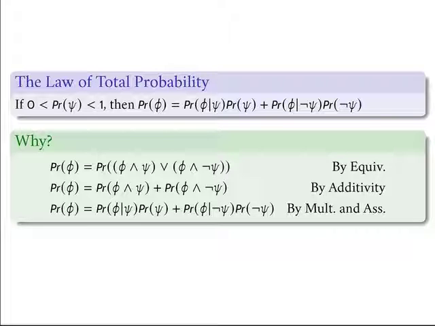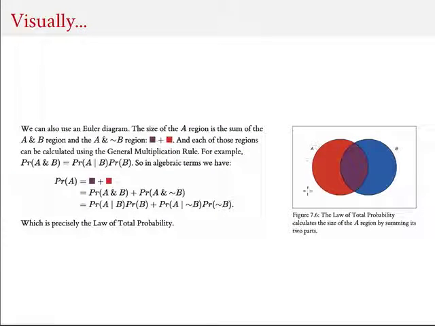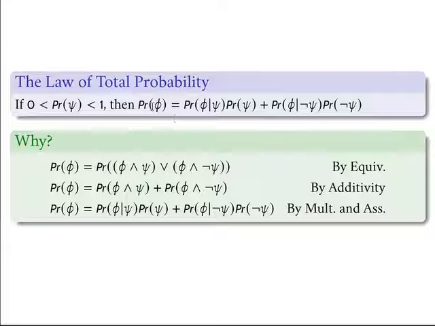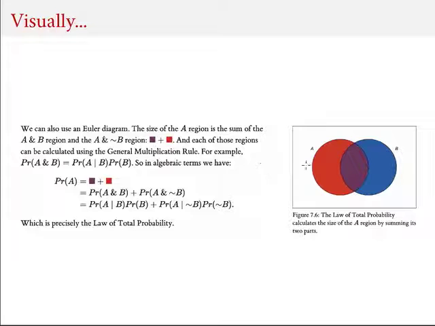So I now conclude this video and the lecture by briefly talking about the visual justification of this law. And this is again from the textbook, where we have a handy diagram. Again, the space that A takes up represents the amount of probability that A has. What's in question here is the unconditional probability of phi, so let's imagine that A is phi. We're wondering how much space A takes up.